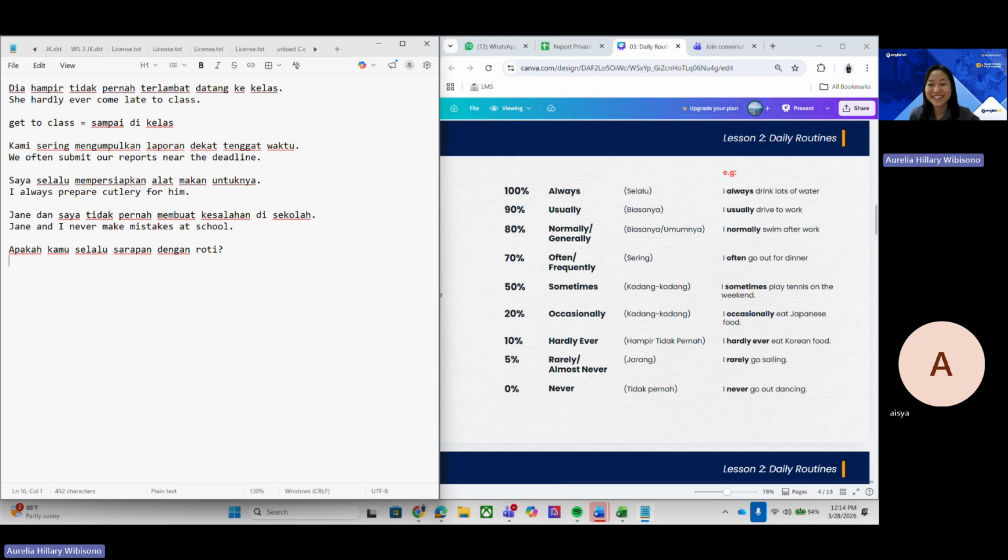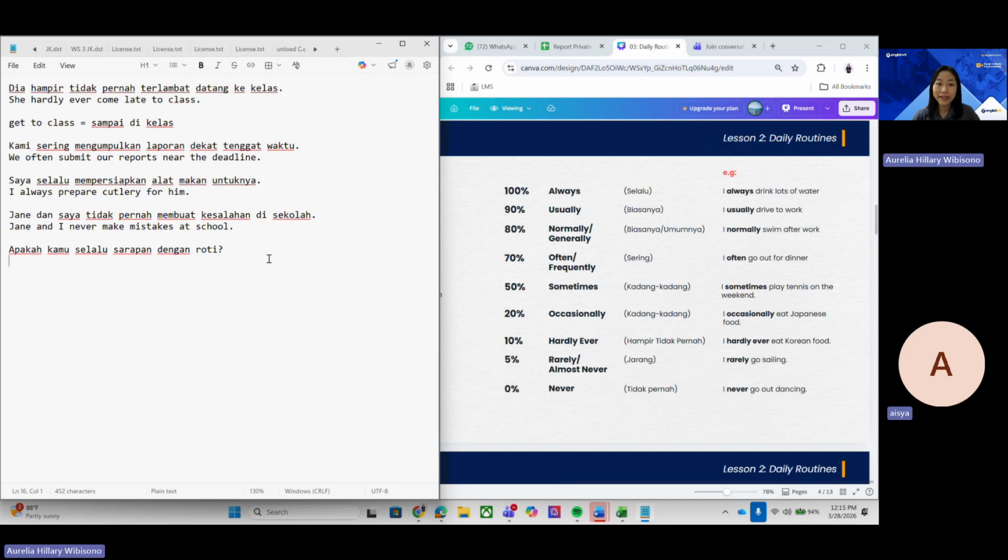Ini nominal sentence atau verbal sentence? Is there any activities right there?